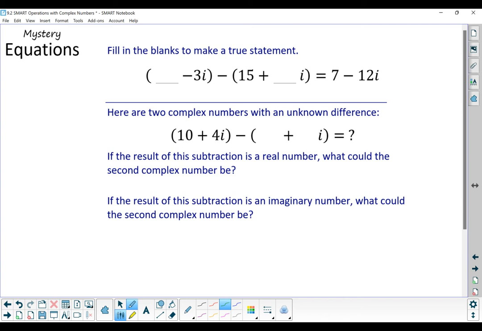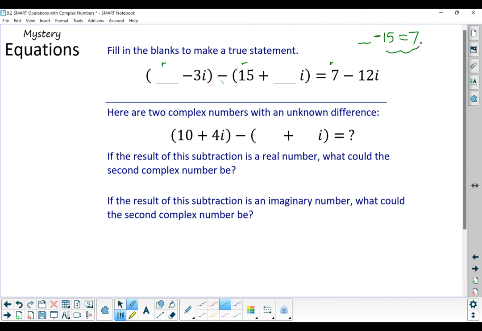So we're going to focus on the real part first. So this is a real part, a real part, and a real part. You could even write a separate real part equation if you want. So something minus, don't forget the minus, 15 gives me 7.